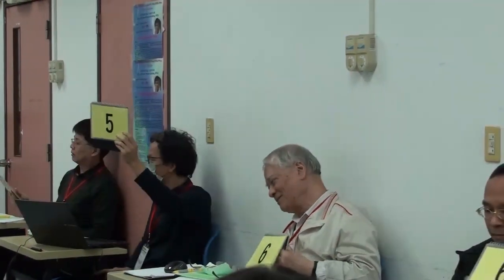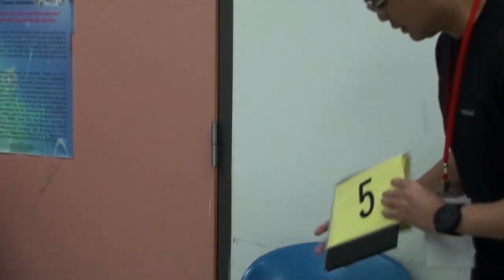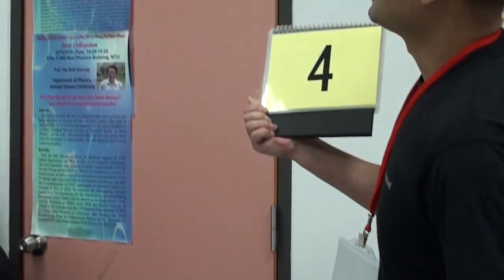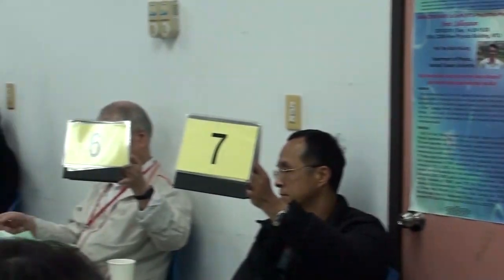The score for the reporter: 6, 5, 6, 6, 5. Oh, okay, that's okay. The score for the opponent: 6, 5, 6, 7, 4.